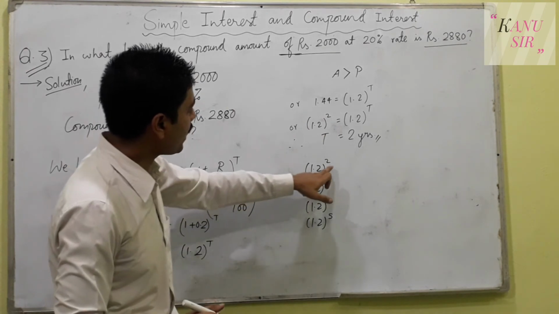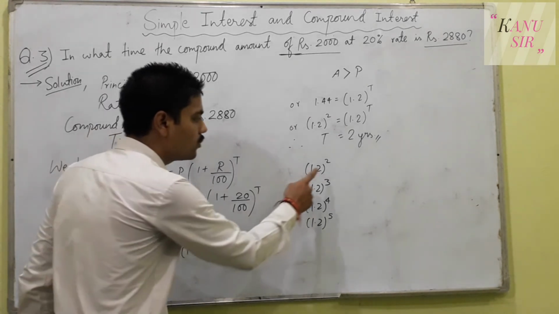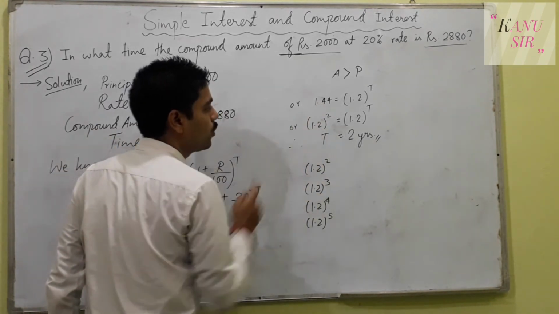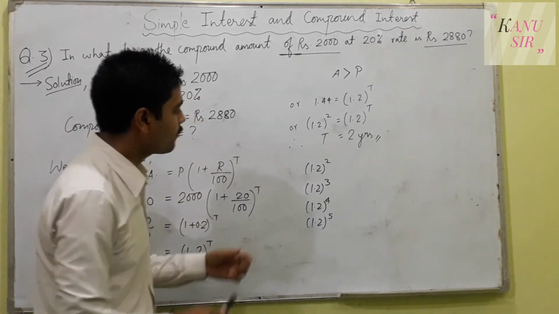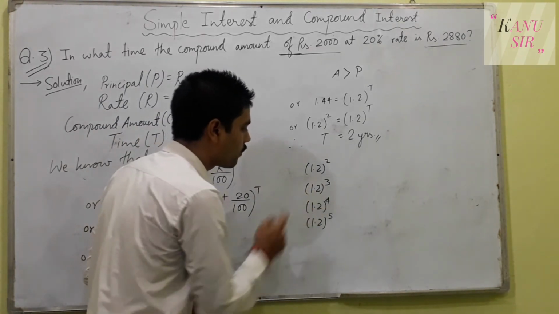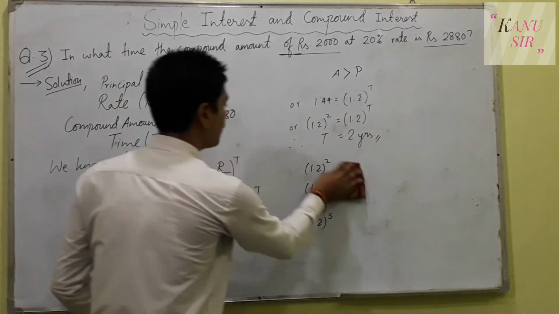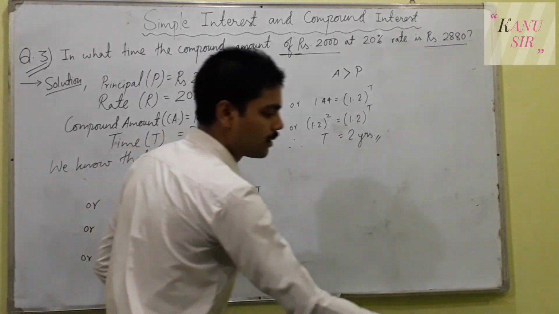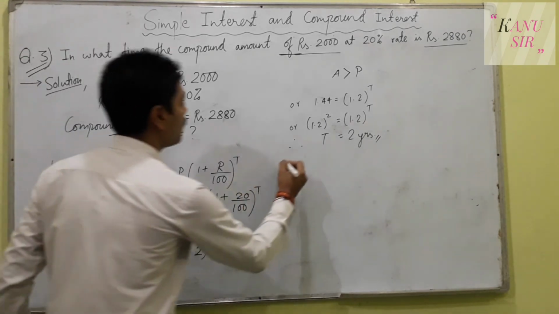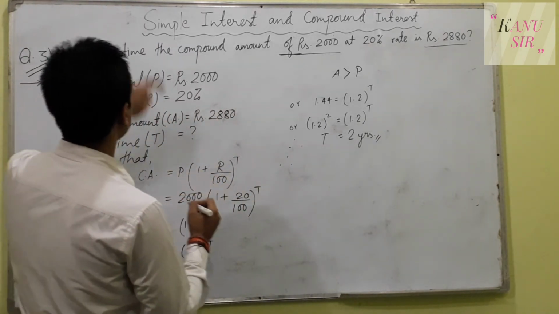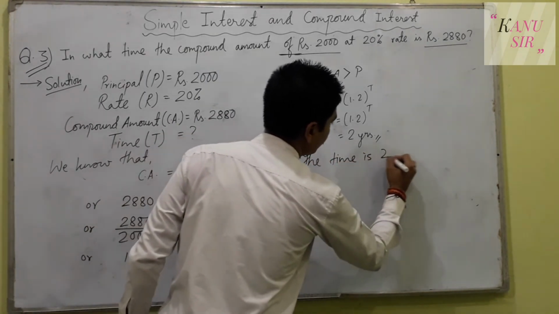It means when we do the square of 1.2, we will get 1.44. Directly we work in our first trial. In some of the cases, we have to go up to 1.2 to the power 4 or 1.2 to the power 5. Such questions will be coming soon in other videos also. So here we come to know the value of time is 2 years, and hence in what time? Therefore the time is 2 years.